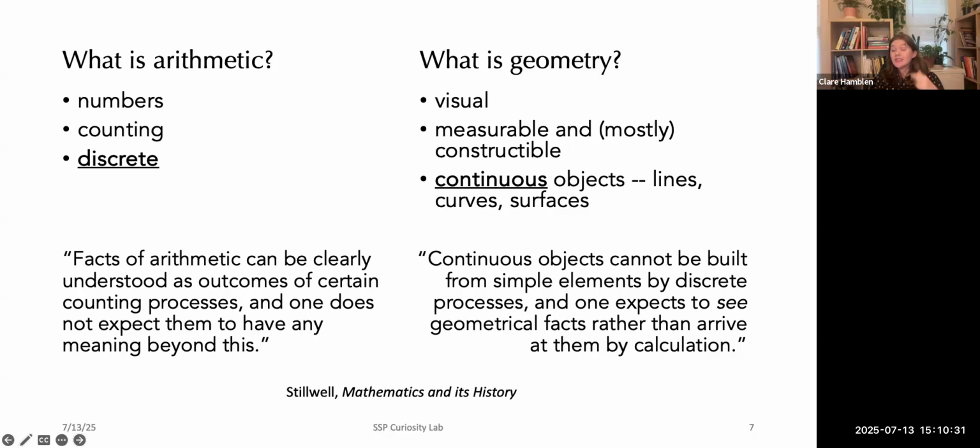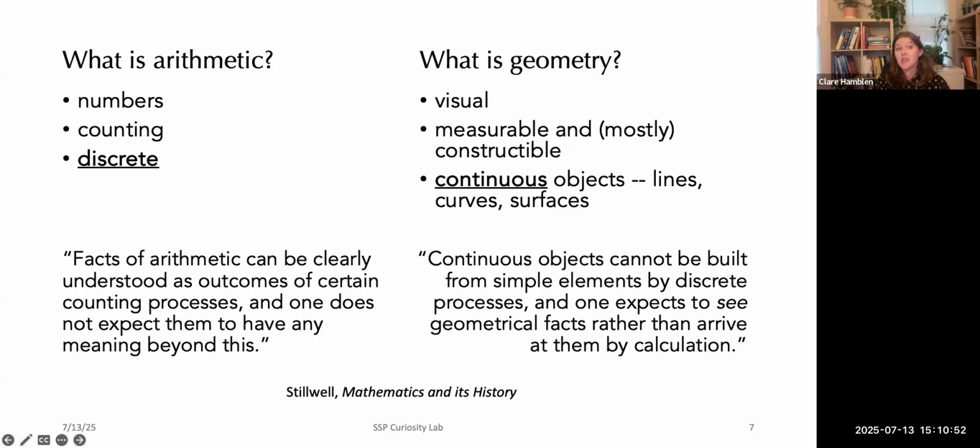And one expects to visually see geometric facts rather than calculate them. So all of this is to say there's quite a deep tension between these two domains, especially if you are an ancient mathematician. These two were not always linked, and certainly not the way that they are today.